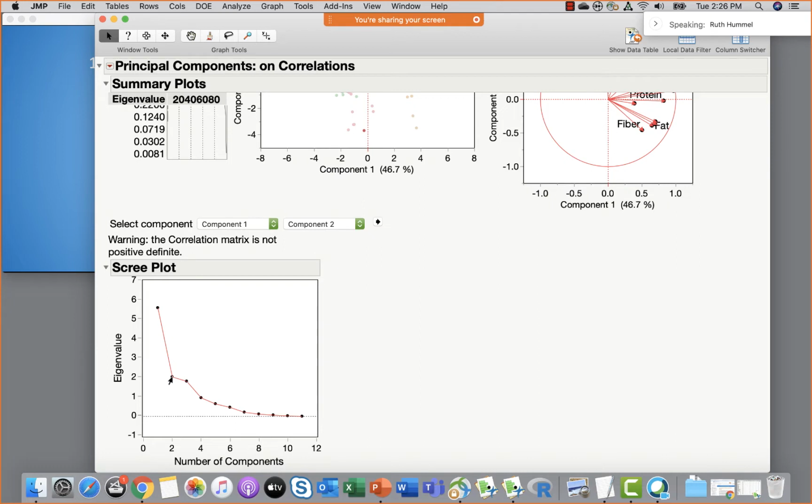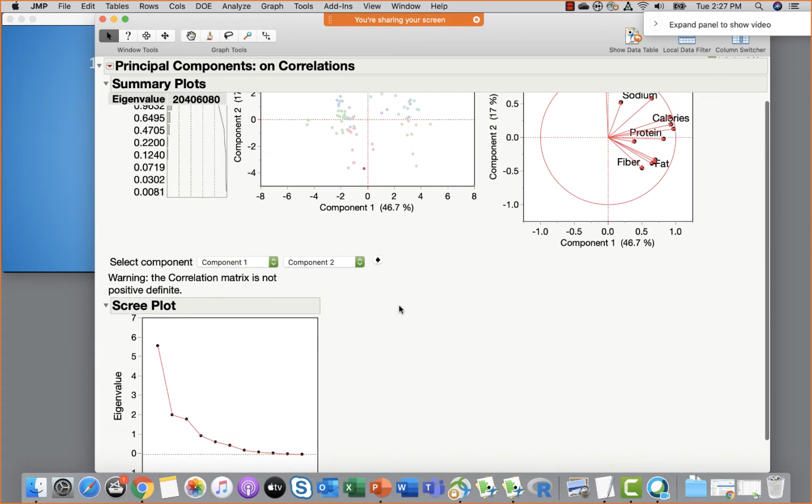So when we see an elbow, the point before the elbow is probably the number of components we want. So in this case, the elbow test might tell us we just need the first 2 components, because this next one doesn't add a lot more information than we already had at this point. On the other hand, we get another little elbow here, so maybe the 3 components is the right choice. So we could choose 2 components here or 3 components.